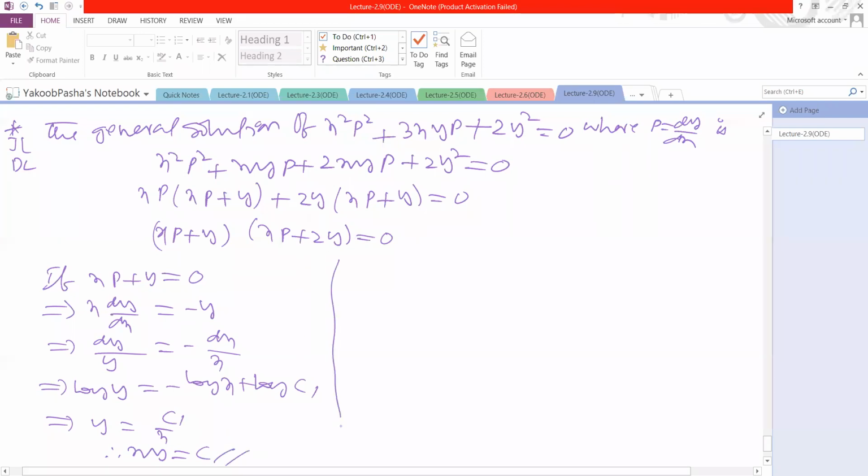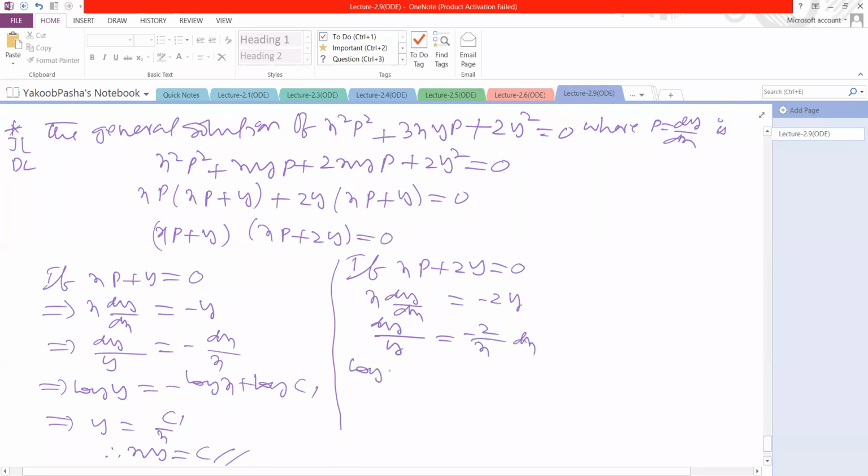Now if we take the other curve, xp plus 2y is equal to 0, so x into dy by dx is equal to minus 2y. So dy by y is equal to minus 2 by x into dx.